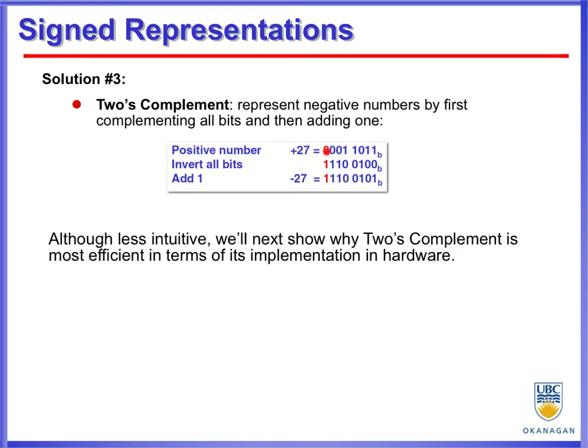We then invert all the bits, just like we do with ones complement. So at this point we have the ones complement number. Okay? And then to make it 2's complement, we just add 1. So if you add 1 to this, that just changes the last digit here, obviously, from 0 to 1. And now we have the 2's complement representation of negative 27.